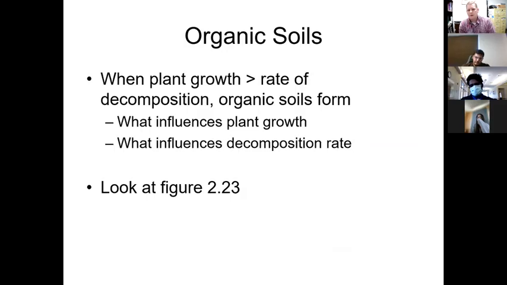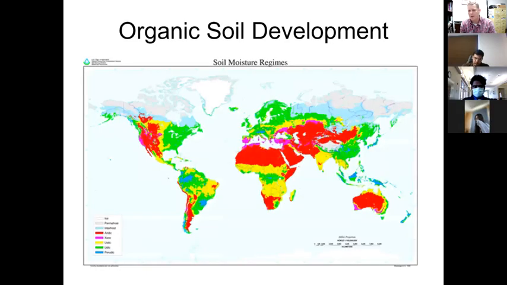Now, there's really two big drivers when we get an organic soil. Number one, we have to have a rate of plant growth that is greater than decomposition. And when we have this, that's when organic soils form. So if I could for a second, go back. In areas where it's really dry and hot, those are like hotbeds for plant decomposition, okay?